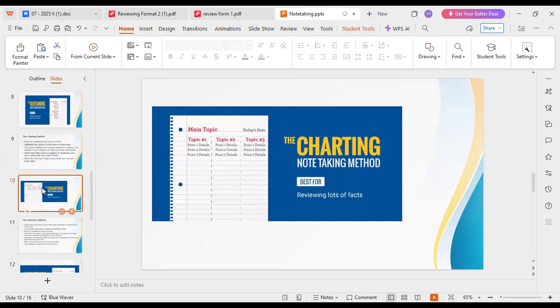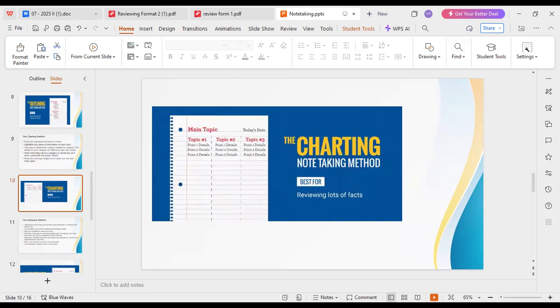Let me show you. Yeah, so here you can see, right? So this is called the table method, and also here you can see a grid structure. So here what you can do is you can create a table with columns representing different categories or aspects that you are tracking, and rows can represent individual items, as you can see here, individual topics.